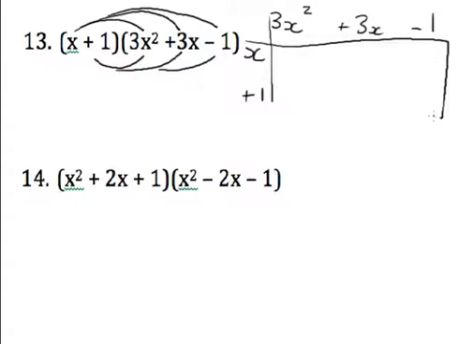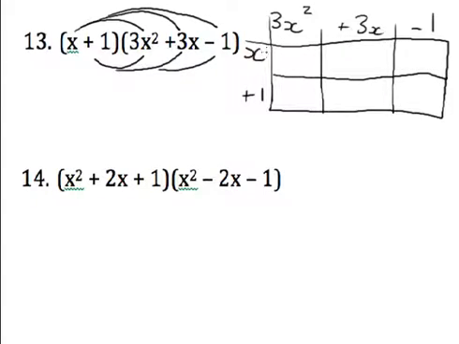I'm essentially going to make a box out of everything here where I've got 6 cells, each of which contains the product for the headings. So for example, this cell here contains the product of the 3x squared and the x, which is 3x cubed. 3x squared times the plus 1 is just 3x squared.